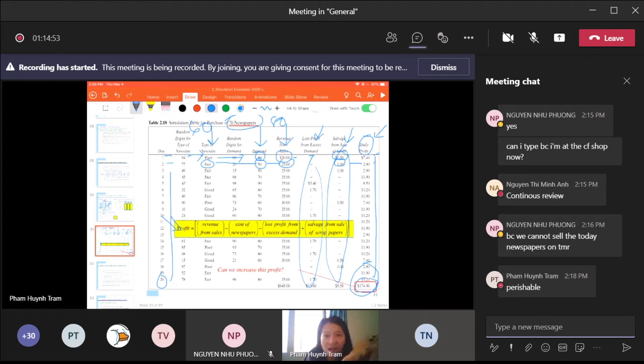This is the step that we call experimentation in simulation. After you have a simulation model and it's a valid one, then you can experiment with it. It means that you try different scenarios, different solutions like 60, 70, 80, and then analyze the result.